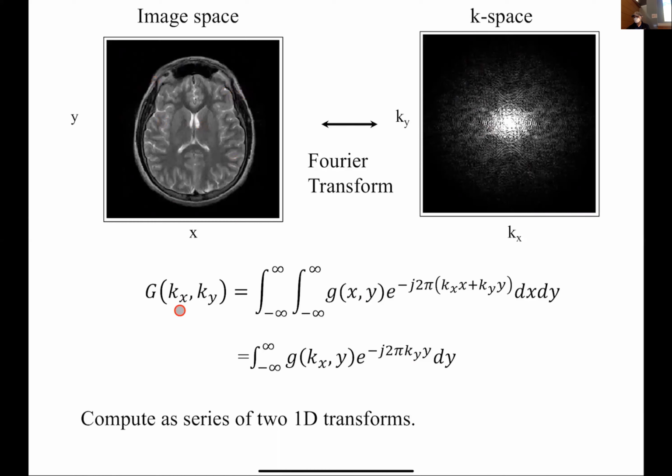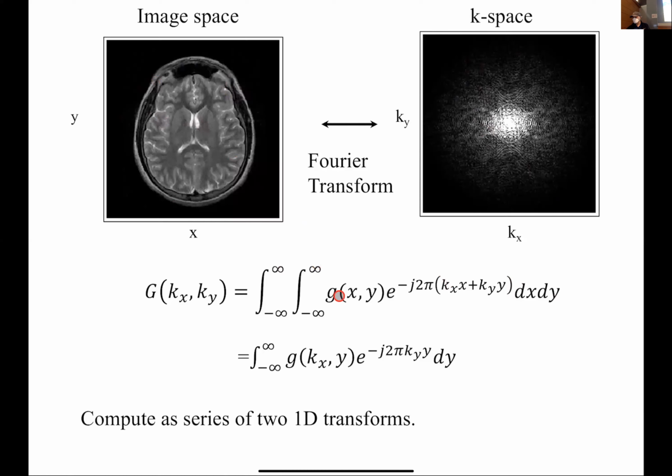This is just the expression for the 2D Fourier transform, and you can see it's just a double integral over dx and dy. The way this is typically done is, obviously in MATLAB, you can use FFT2. But if you had to write the code yourself, this is done as two Fourier transforms applied in series. For example, I can do this integration over dx first, so I integrate out the x term.